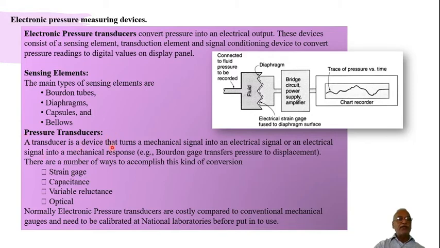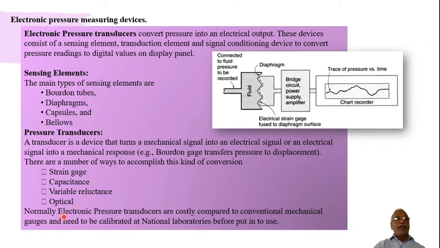A transducer is a device that turns a mechanical signal into an electrical signal, or an electrical signal into a mechanical response. For example, a Bourdon gauge transfers pressure to displacement. There are a number of ways to accomplish this kind of conversion: strain gauges, capacitance, variable reluctance, and optical.